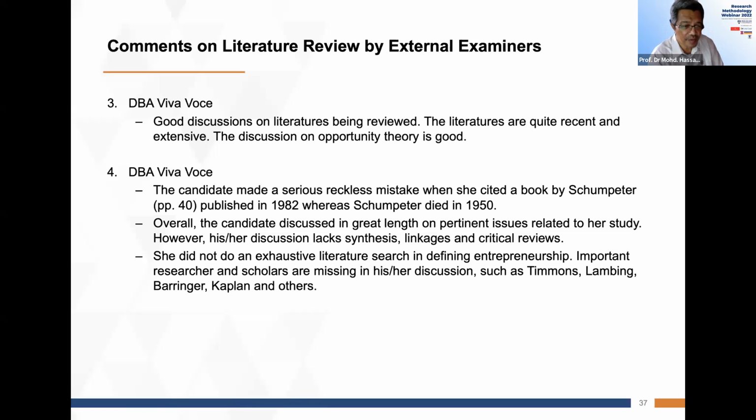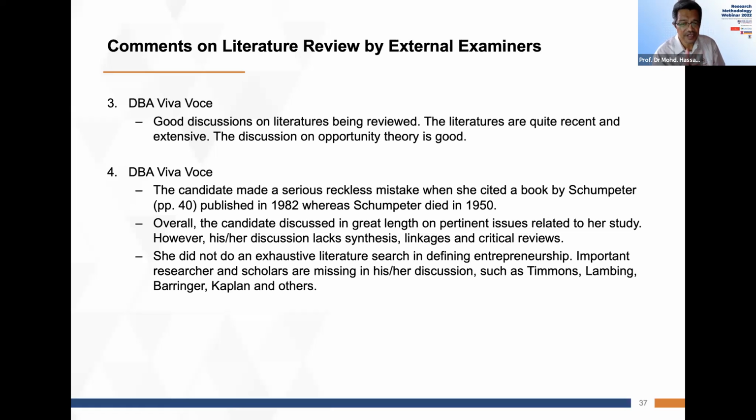And the number 4 candidate, basically, this is quite serious. Look at point number 1. The candidate made a serious, reckless mistake when she cited a book by Schumpeter, published in 1982, whereas Schumpeter died in 1950.